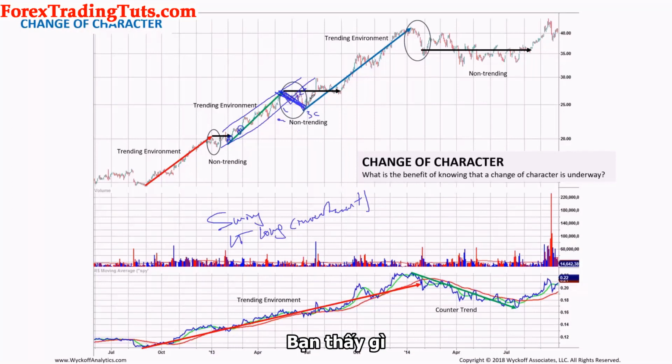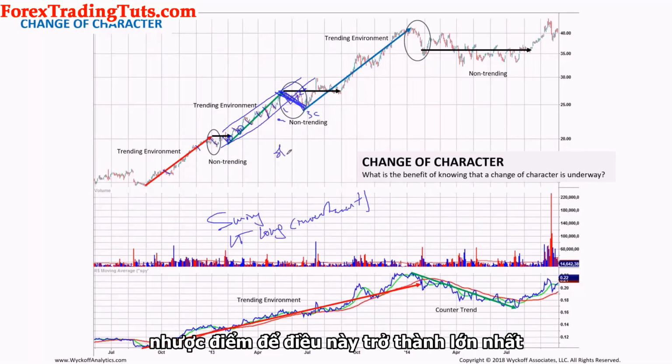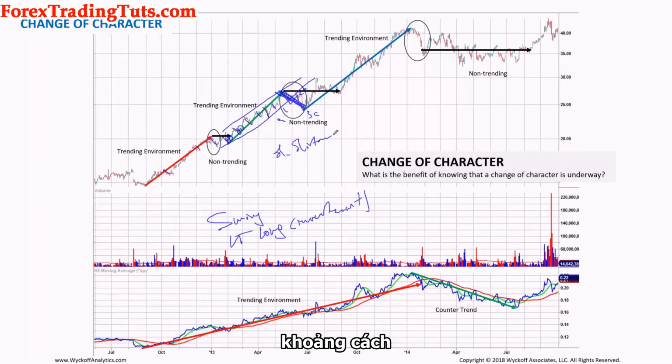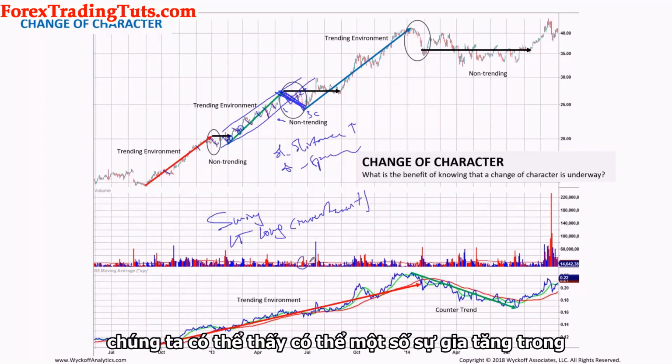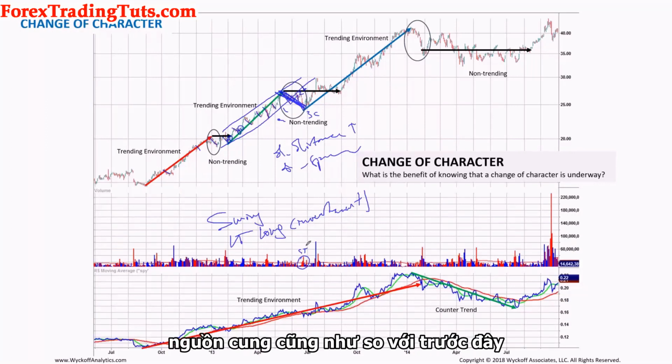What do you see? Well, I see that we're definitely overshooting the distance with which the price travels to the downside. So this becomes the largest distance. Again, downward spread is increasing. We could see maybe some increase in the supply as well over the previous reactions, but it's not as significant.